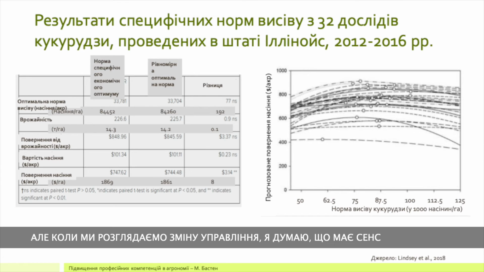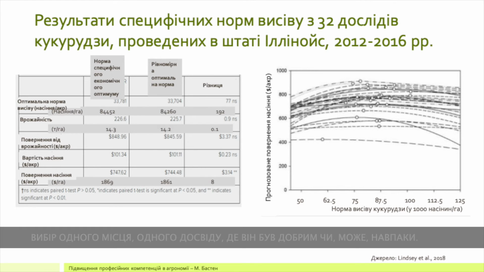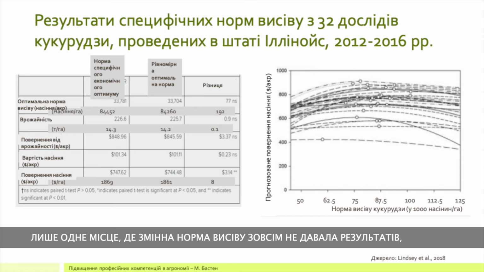But when we consider a change of management, I think it makes a lot of sense to look into the bigger data sets and look at the average, because the average probably represents the reality more than just picking one site, one experience where it has been good, or maybe the other way around, where just on one site the variable seeding rate didn't perform at all, and concluding that this is nothing which needs to be adopted.